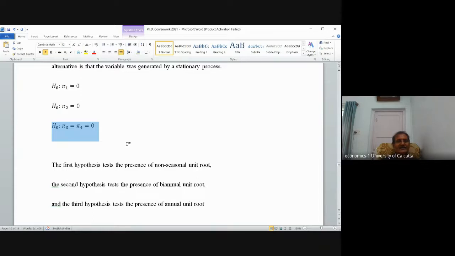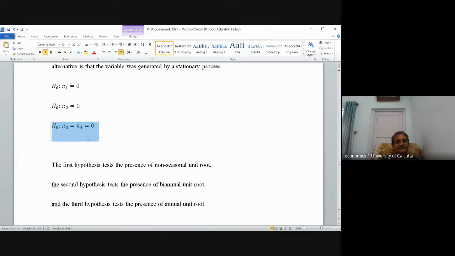And the implication of the third null hypothesis, pi 3 is equal to pi 4 equal to 0. It captures another possibility, that is one cycle in a year, that is 1/4 cycle per quarter.